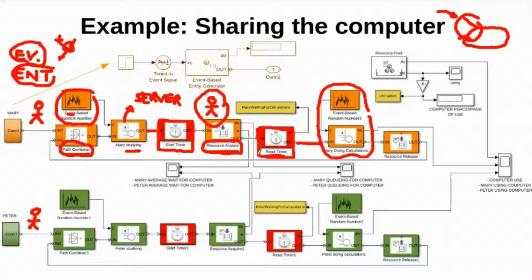The time value read in here will be the time that Mary will be waiting for the computer. That's the general idea. And then once Mary has finished these calculations, Mary goes back to the beginning of the process. That's the general idea for this orange block diagram.